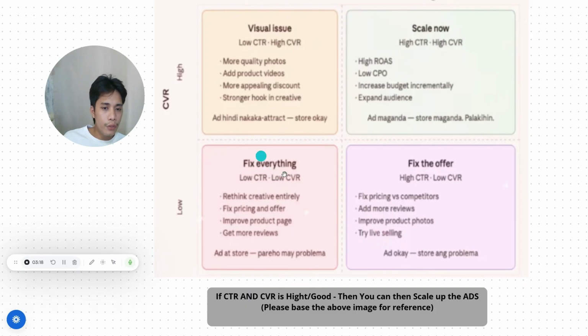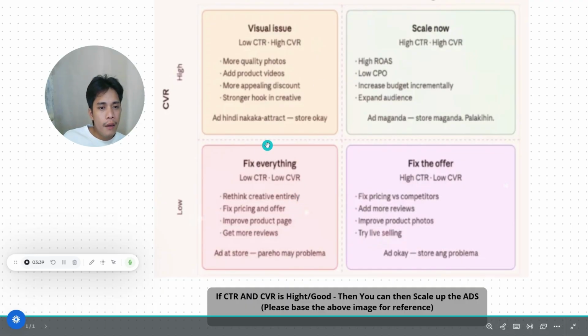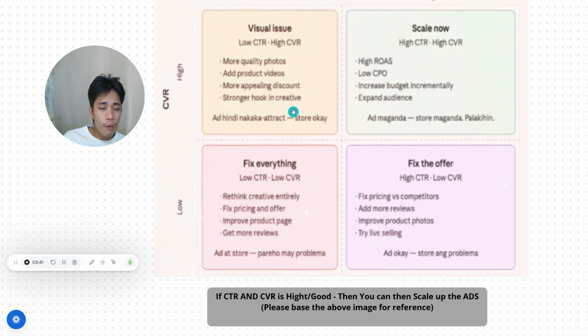It's somehow okay, but there are people who are not clicking on your ad, and once they click it, they just buy it. There's a high chance for that. To resolve this, you just have to make improvements, like the quality of your photos, add more product videos, create a more appealing discount, or use a stronger hook in creatives. Just how to fix this.